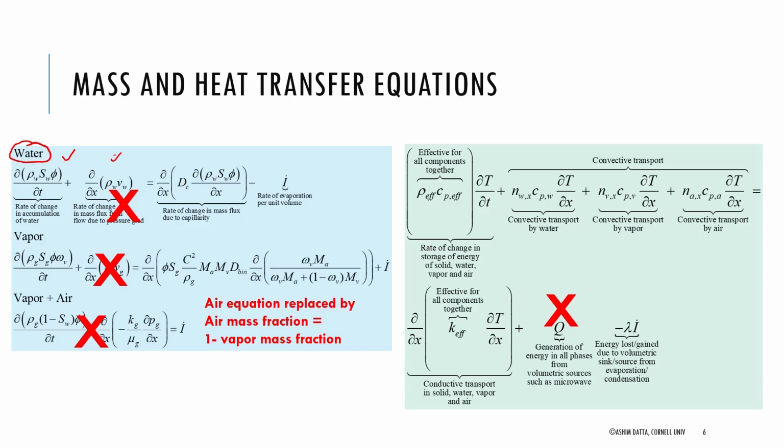So then this one is ignored, and here we have the capillary diffusion, and then this one is the evaporation, water changing to vapor. Likewise, for the vapor, we have the transient term, and we ignore the flow, that's the next term, and then we have molecular diffusion and a source term for vapor, because vapor is generated.